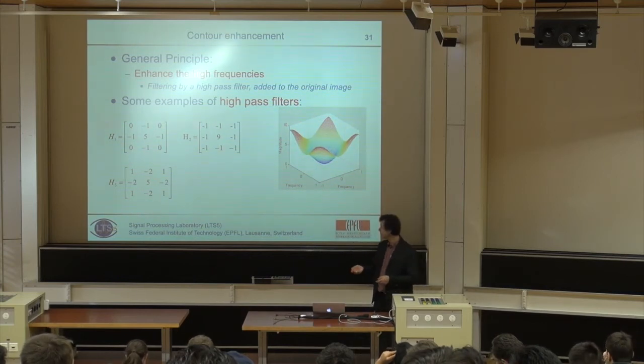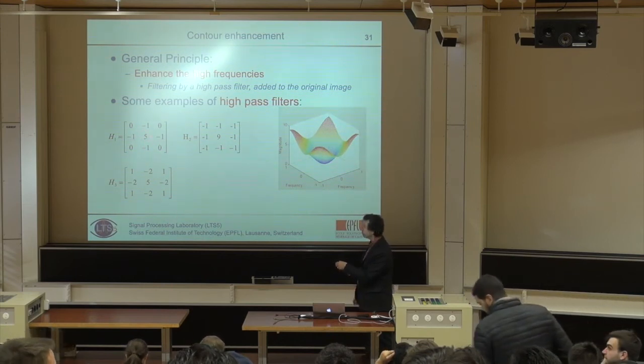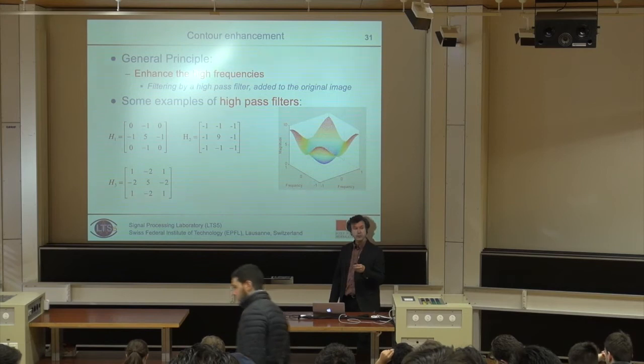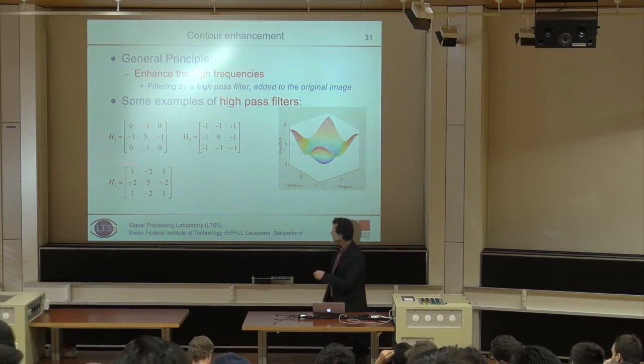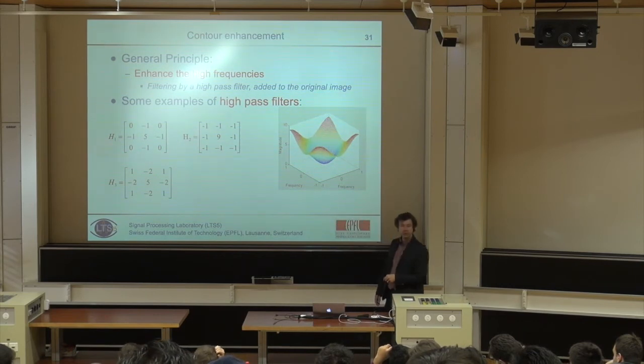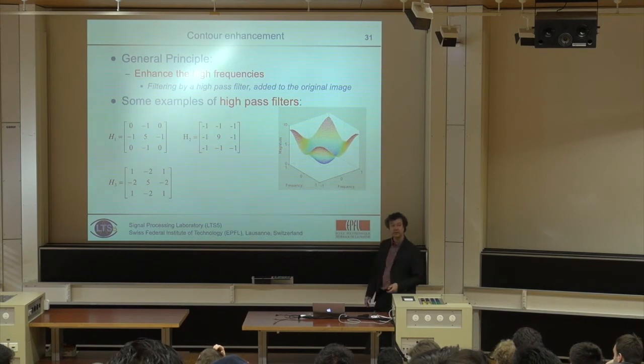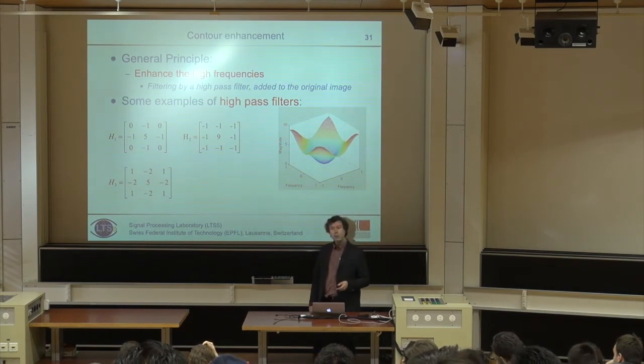A high-pass filter is something like that, which corresponds mostly to the difference between the pixels, not the mean, but the difference. In different variations, you can calculate the frequency response of those impulse responses, and they really look like high-pass filters. Okay, what does it give?